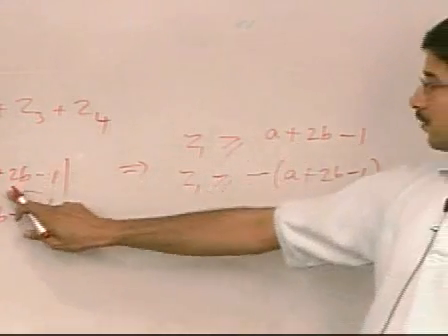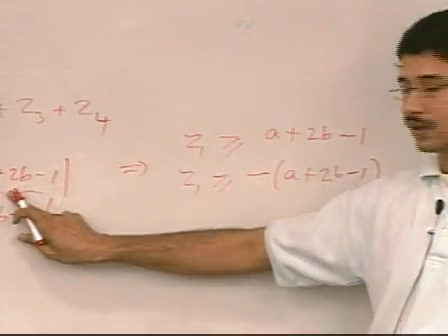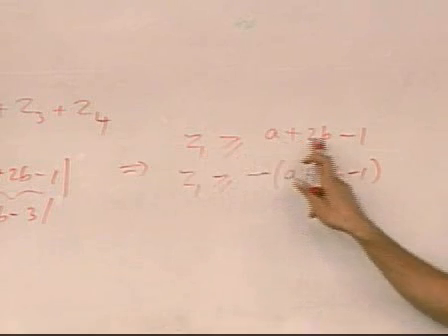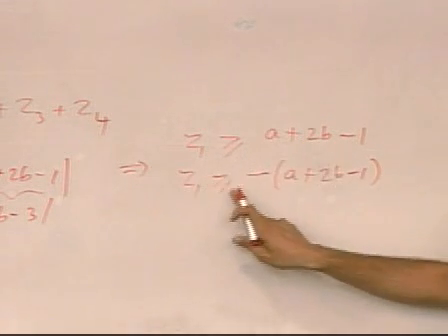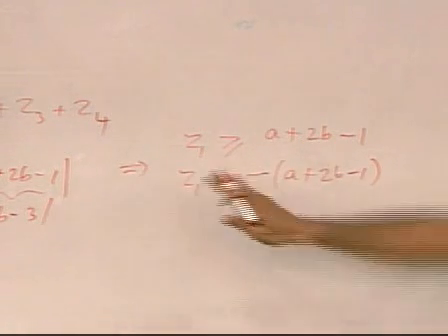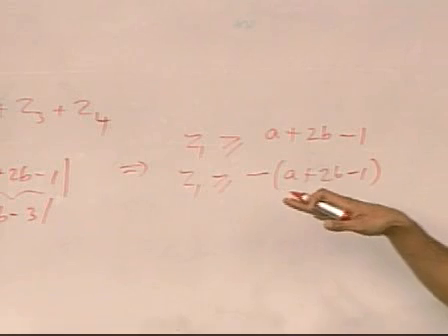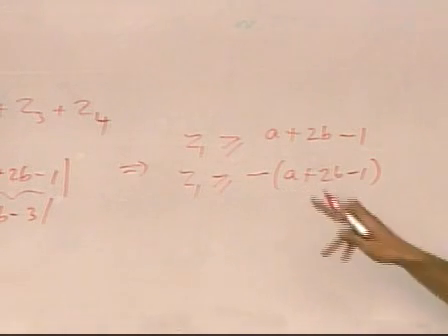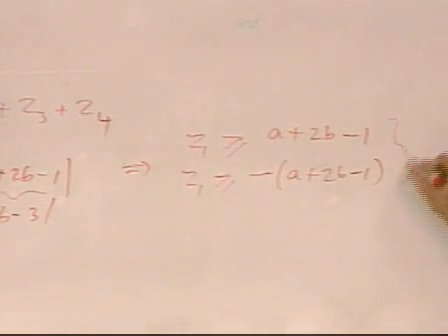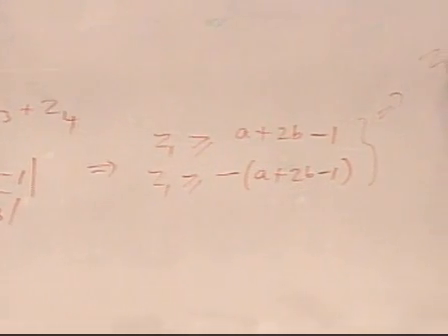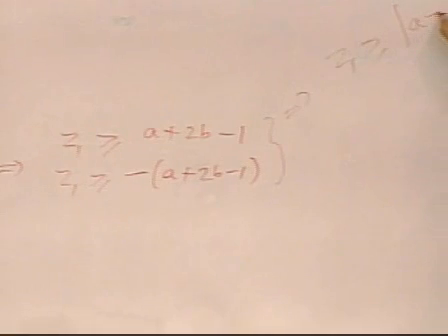If this is a positive number, then Z1 will be at least that positive number, and Z1 will be at least the negative of that positive number. So this constraint won't matter, but this one will make sure that Z1 is at least that quantity. So collectively, these two would ensure that Z1 is at least the absolute value.